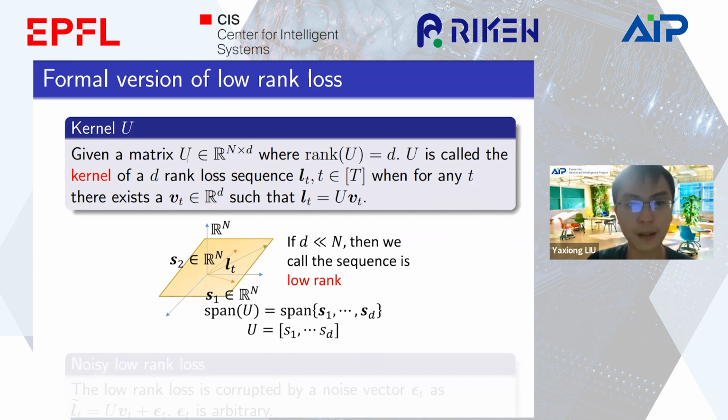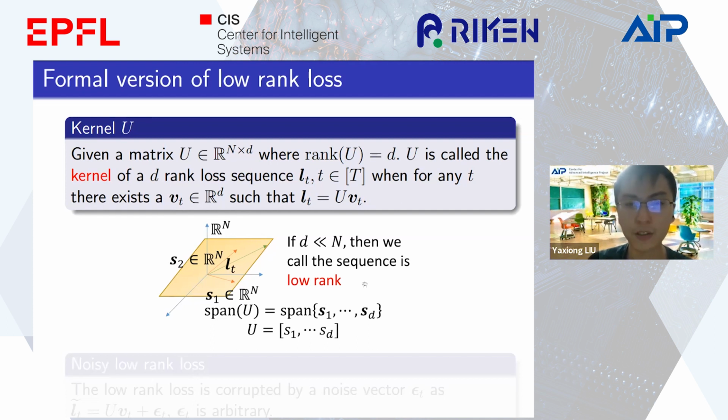Given a matrix U whose rank is d, we call this the kernel of the d-dimensional subspace, which means that each loss vector can be seen as a linear combination of columns in this d-dimensional subspace.